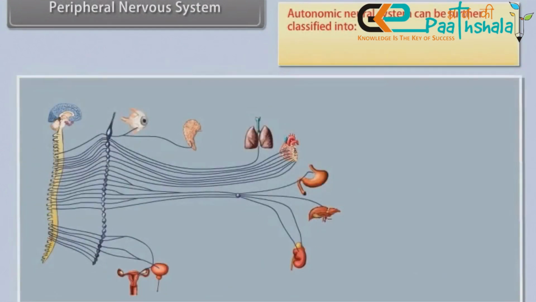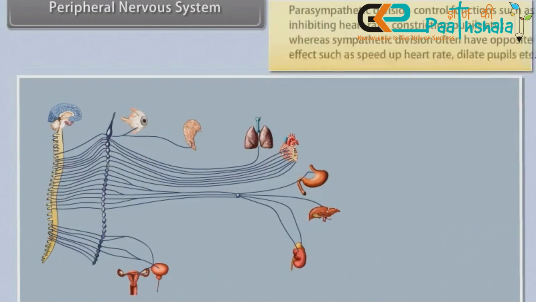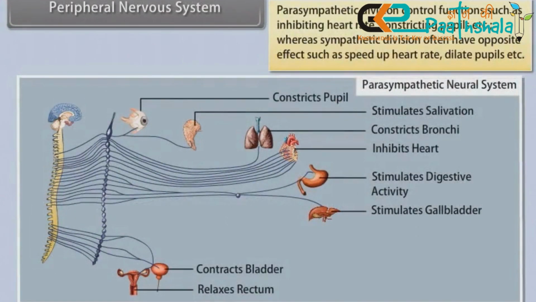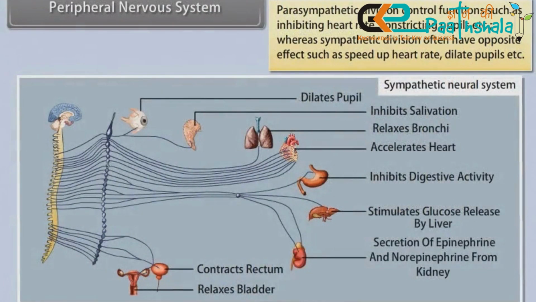Autonomic neural system can be further classified into parasympathetic neural system and sympathetic neural system. Parasympathetic division controls functions such as inhibiting heart rate, constricting pupils, etc., whereas sympathetic division often has opposite effect such as speed up heart rate, dilate pupils, etc.